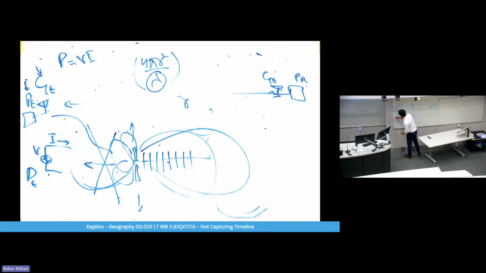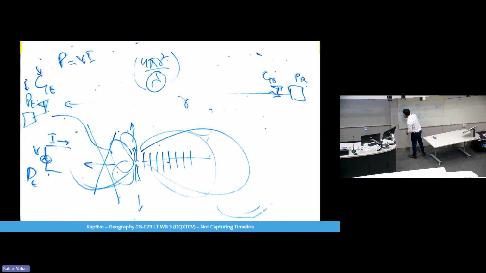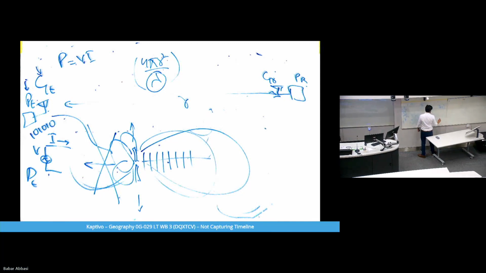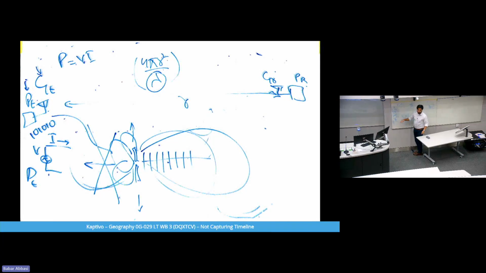Imagine I am sending 101010 bits. And these ones and zeros are translated into an analog signal being transmitted using a digital modulation scheme. Let's consider it to be quadrature amplitude modulation or quadrature phase shift keying, QPSK or QAM.